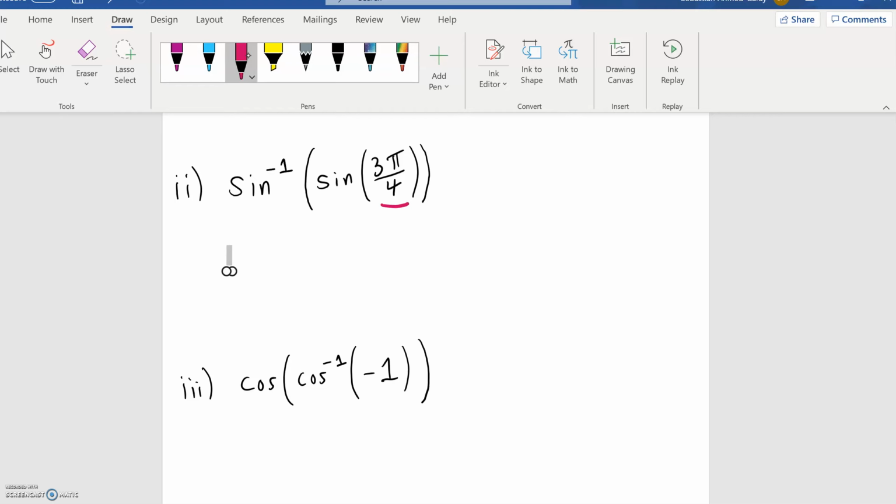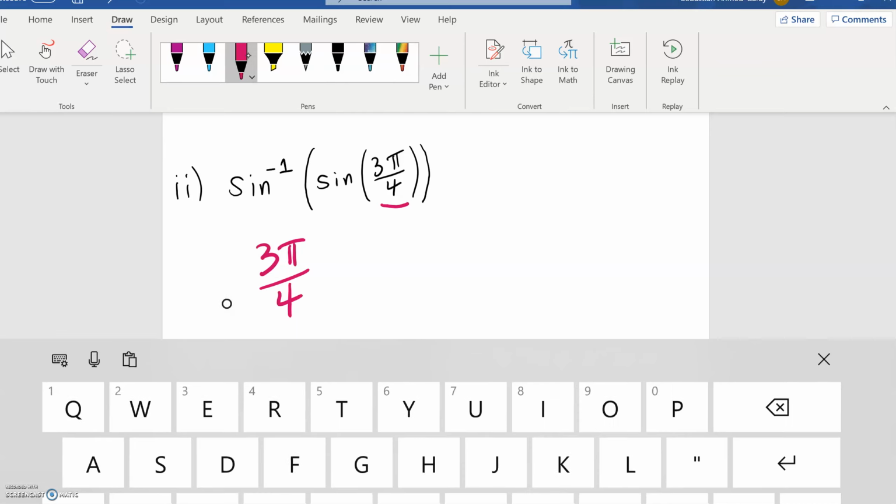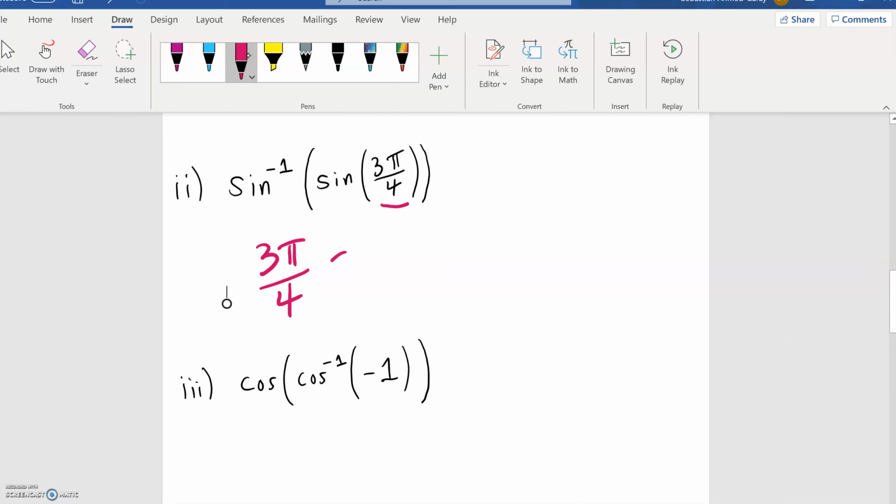This input of 3 pi over 4 is not inside the range of sine inverse. Because 3 pi over 4 is not inside the range of sine inverse, you cannot use the inverse function property from the beginning of this video.